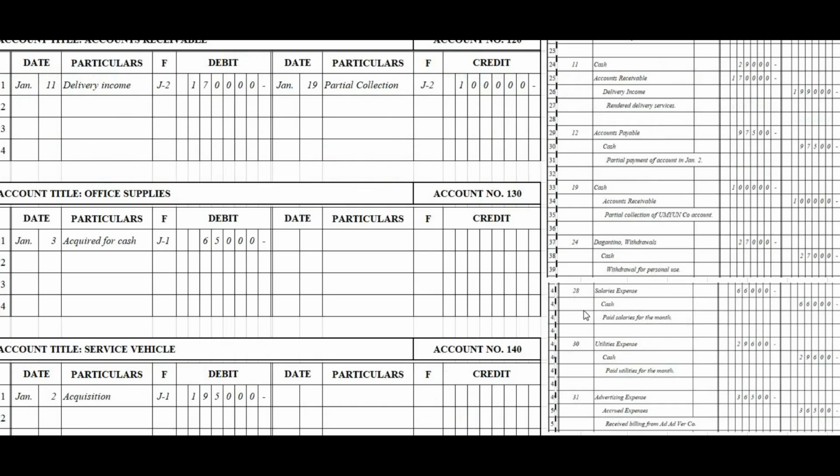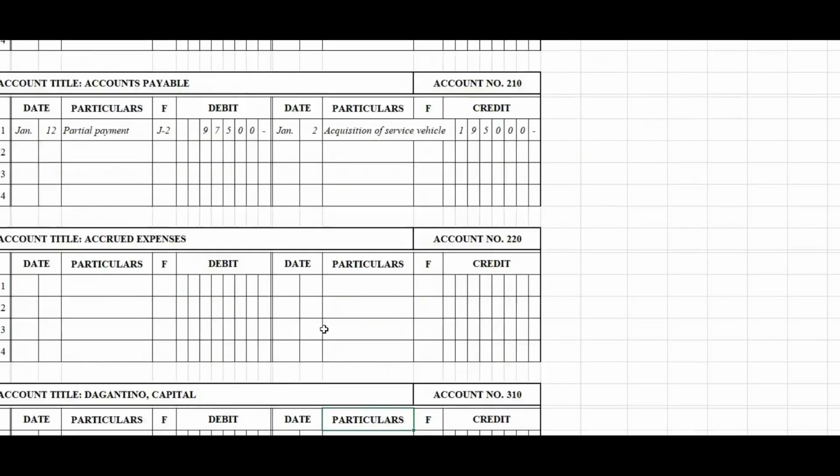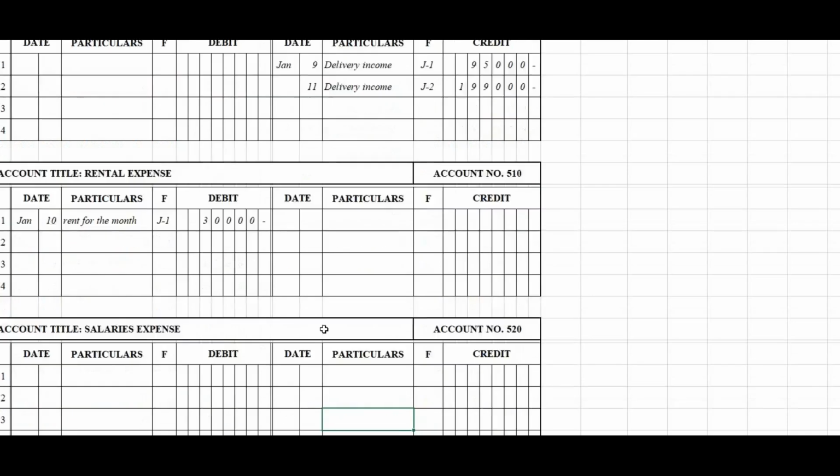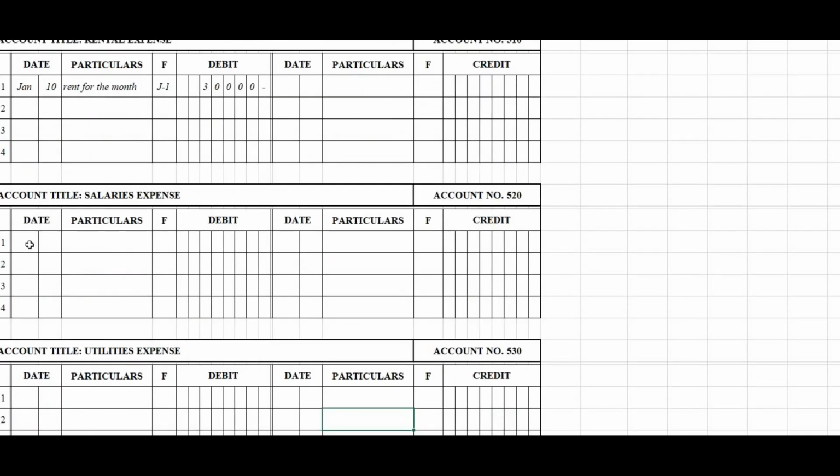Okay, so we're down to our last 3 transactions. So we have for January 28, salaries expense. So, hanapin lang natin yung salaries na sa baba. So, that's January 28. So, this is salaries. So, assuming this is page 3 already.